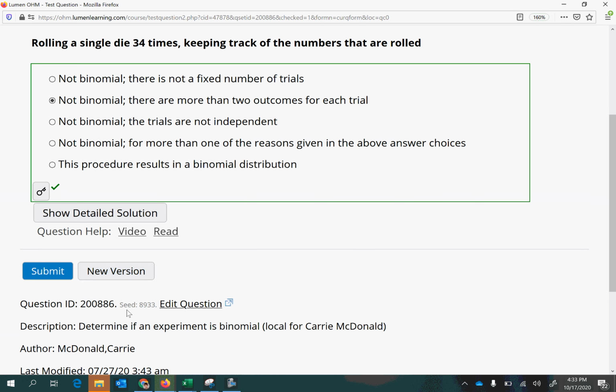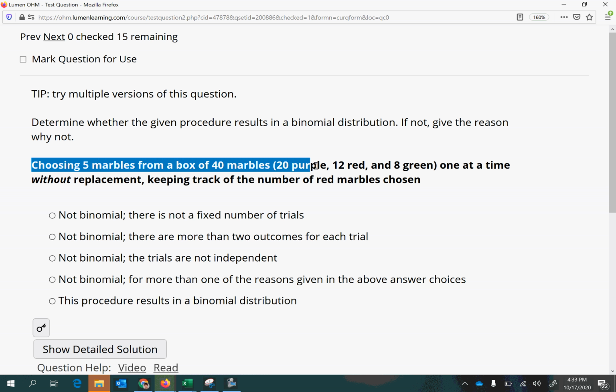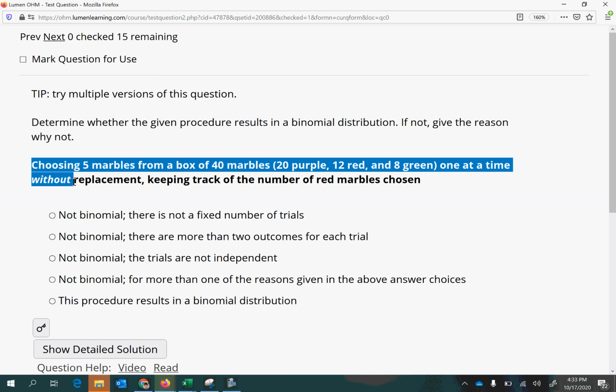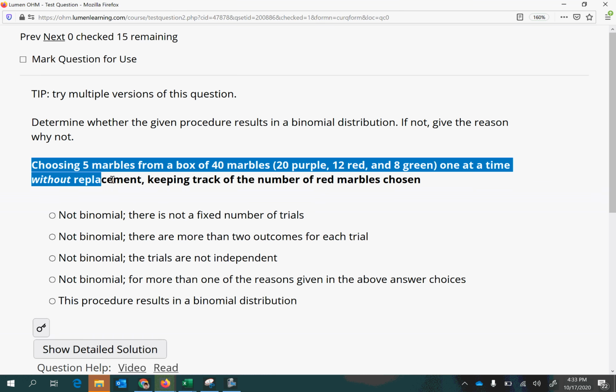Now let's look at a similar question. Choosing 5 marbles from a box of 40 marbles, 20 purple, 12 red, and 8 green, one at a time, without replacement. Okay, so before I even go any further, right when I read without replacement, I know this is not binomial, because if it's without replacement, then your probability of success is going to be changing from trial to trial, because every time you take a marble out, it changes the ratios and therefore changes the probabilities for the trials that would come successively.